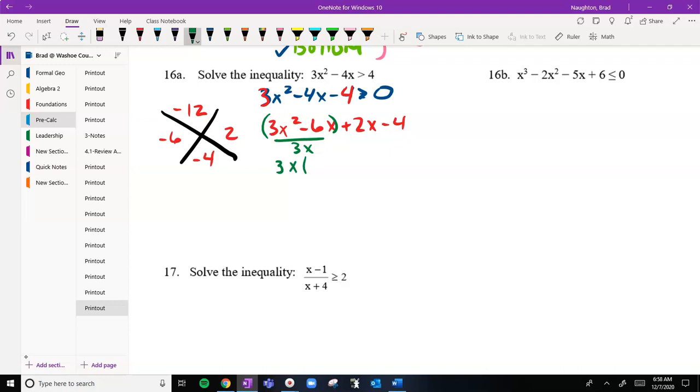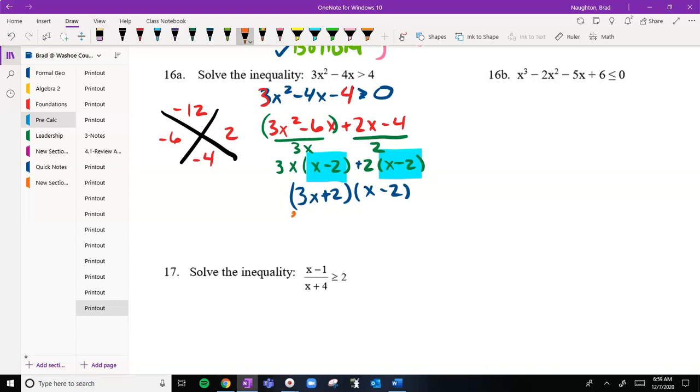So we get 3x, and then x minus 2. Over here, I'm going to take out a 2. So I should get 2x minus 2. Notice these parentheses are the same. So we're going to get a 3x minus 2, and then an x minus 2. Sorry, 3x plus 2, because that's a positive 2 right there, and then an x minus 2.